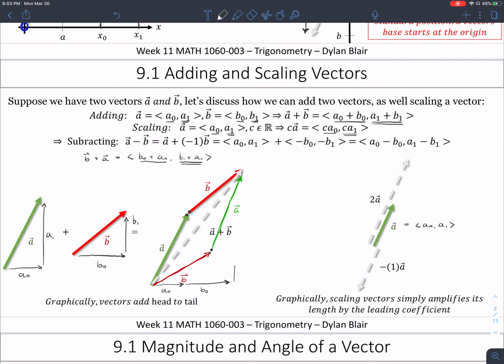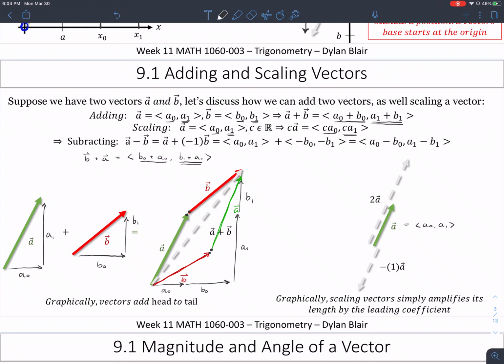And then in order to get to the top, we know that we went up by a1, and we went up this shorter length of b1. We don't think about adding vectors this way, but that is the exact same concept that we just did. We went to the right by a naught plus b naught, and we went up by a1 plus b1. So that's just to relate the analytical approach of adding them component-wise to what our result was for the graphical approach.